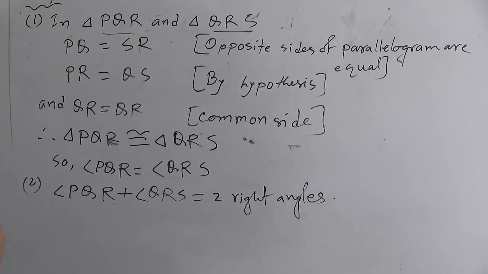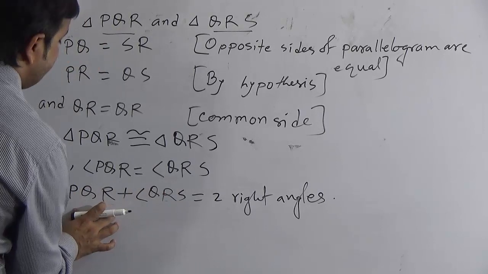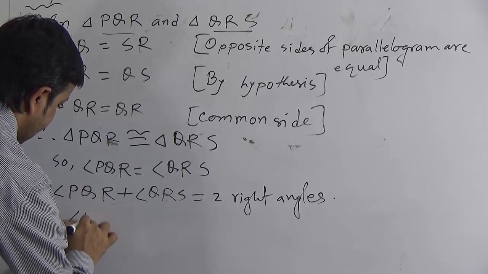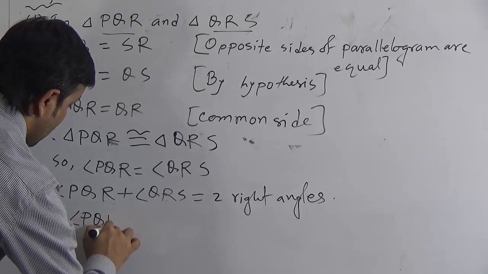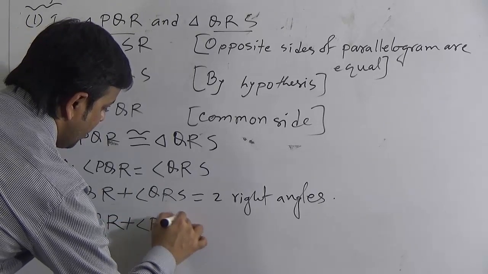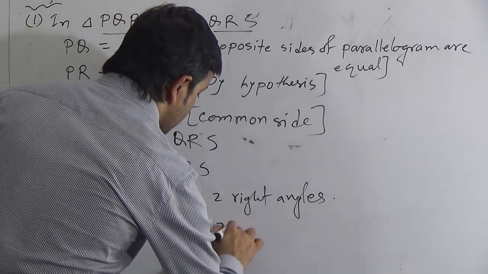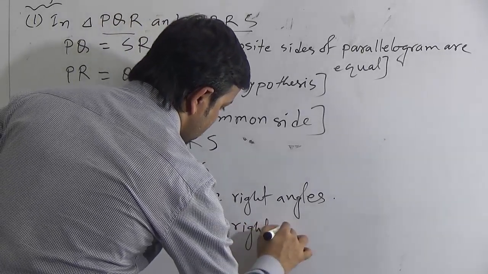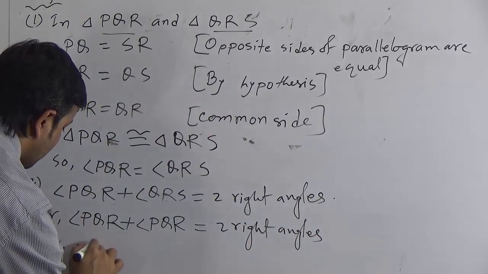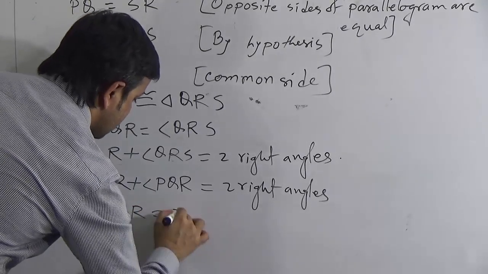So now we can replace QRS by PQR, or angle PQR plus angle PQR is equal to two right angles. Now we can write here 2 into angle PQR is equal to two right angles.